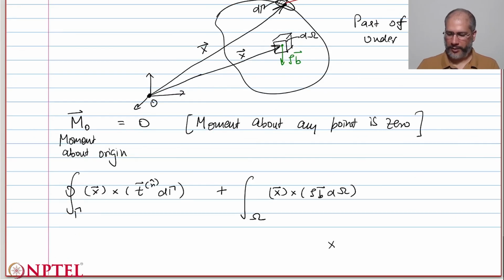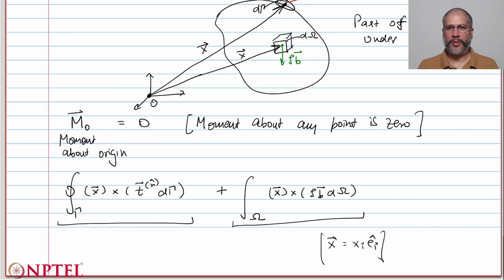So this x vector is simply x_i e_i. So as a summary, this is the integral of all the moments of the surface forces acting on the body, and this is the sum of all the moments of the body forces acting on the body.